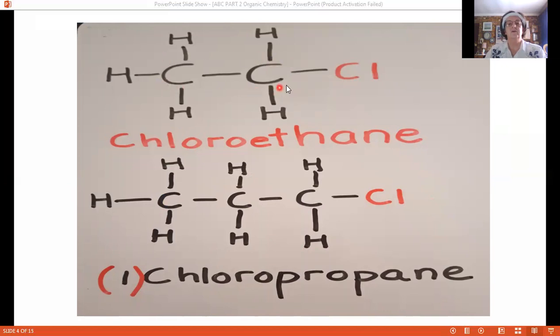Where you've got 2 carbons, you've got 5 hydrogens. Here you've got 3 carbons and you've got 7 hydrogens. Following the carbons from the first to the second to the third to the fourth and so on, there would be a difference of 2 hydrogens.